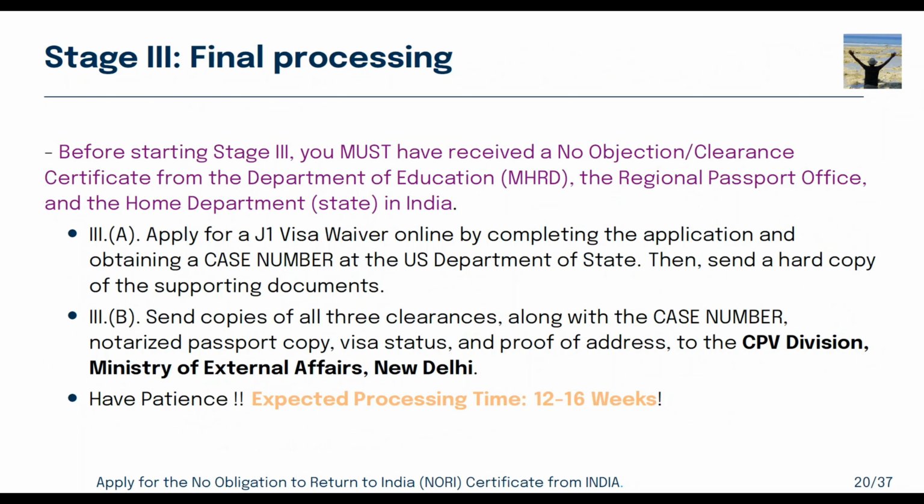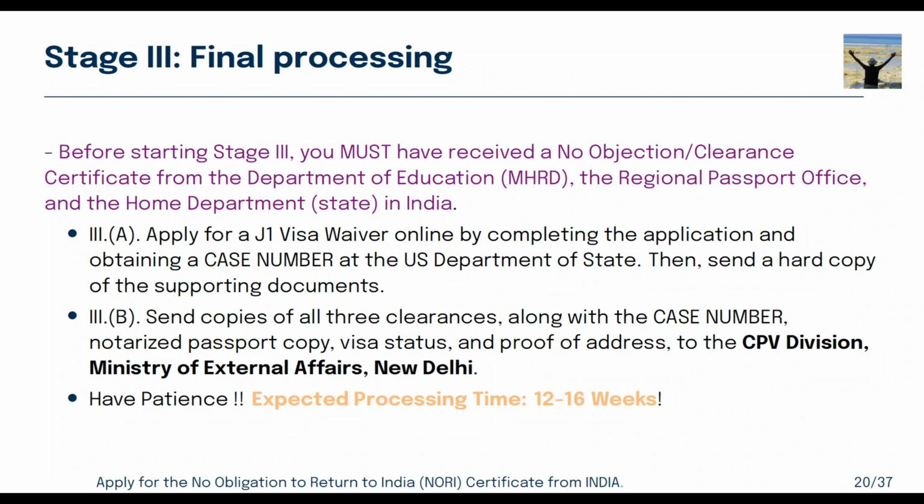So now once you get no objection from all three departments, MHRD, passport office and department of home state, then you have to be ready for stage 3. This is the final stage, right? Again, I'm telling you, it's a parallel process.